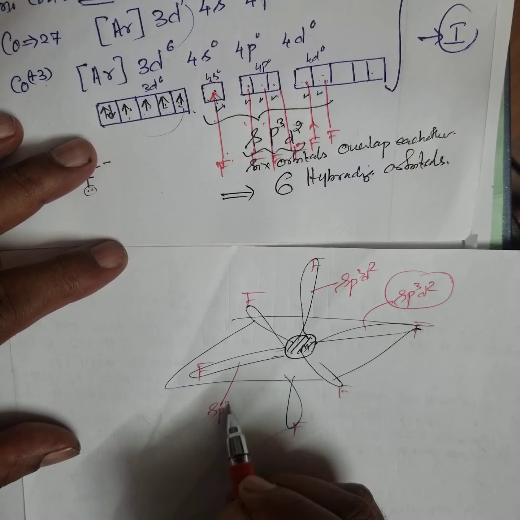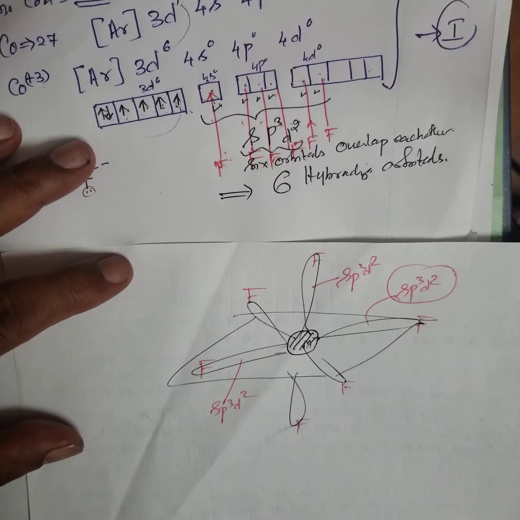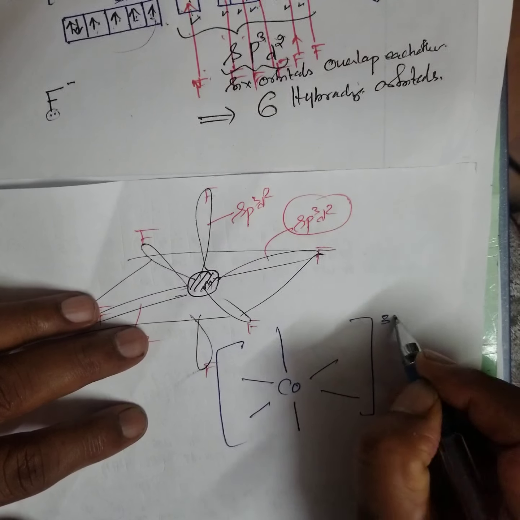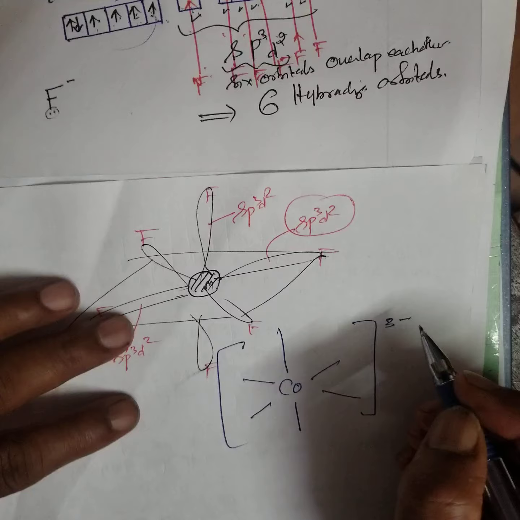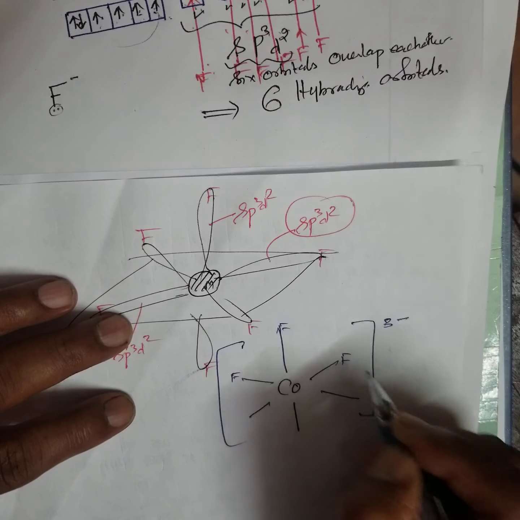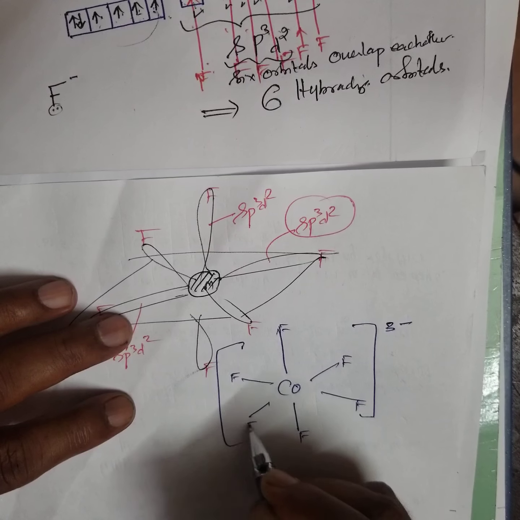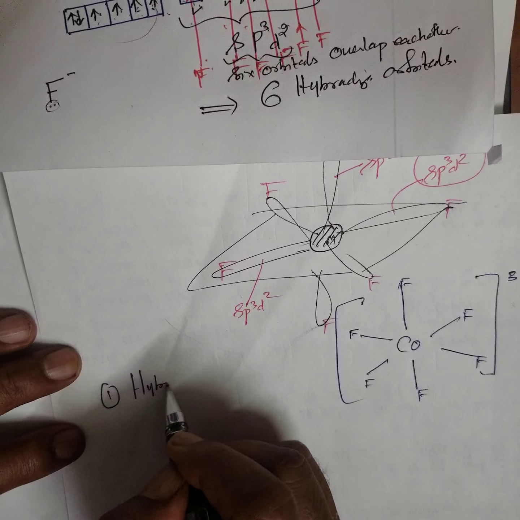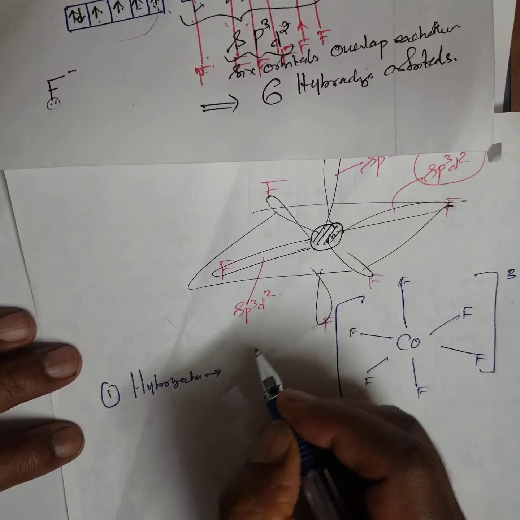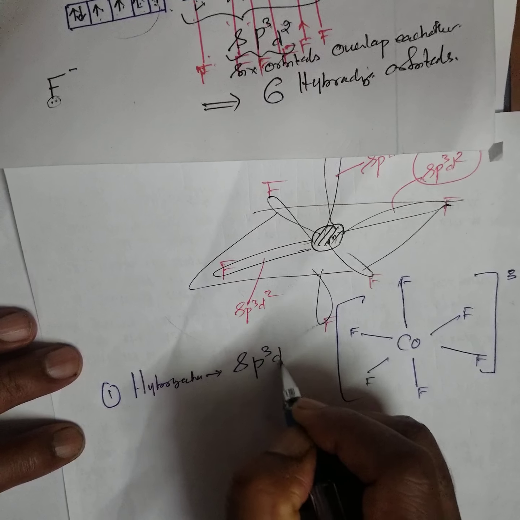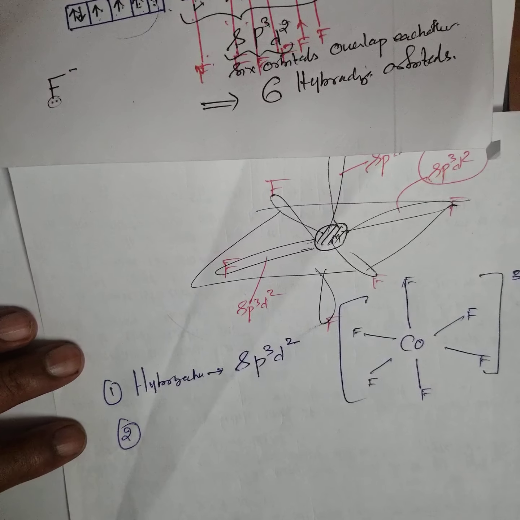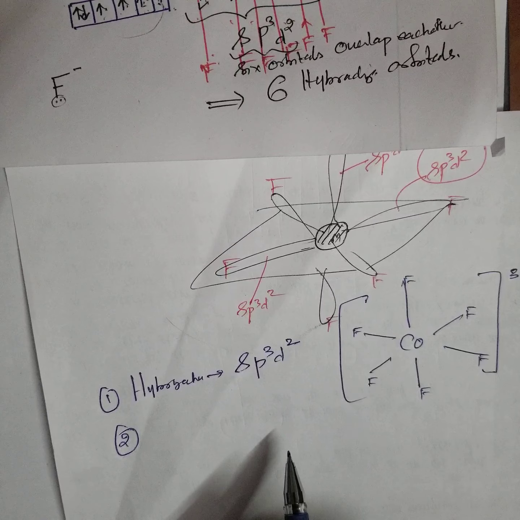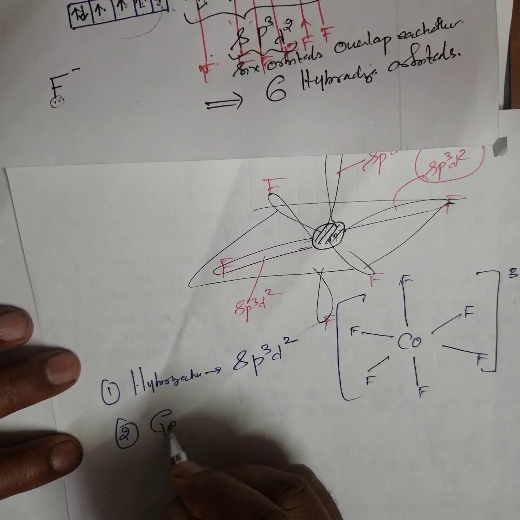Here it forms a complex with all fluorides. What is the type of hybridization? sp3d2. The next, what will they ask? What about the geometry?